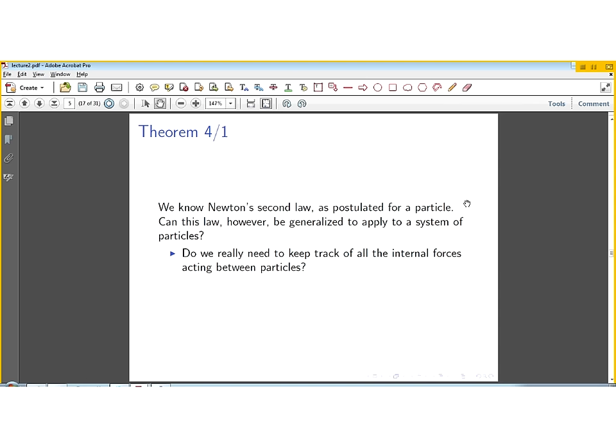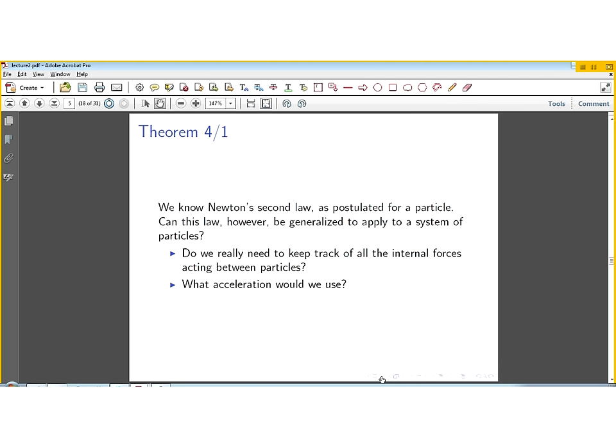And if I now apply Newton's second law to each and every particle in my system, I need to take into account these internal forces, the forces that the particles in the system exert on one another. We call them internal forces because they are internal to the system. But for each particle, it's a real enough force. It's a force acting on it caused by another particle. And if we have a system of 1,000 or 1,000,000 particles, do we need to really keep track of all these millions of forces which the particles exert on one another?